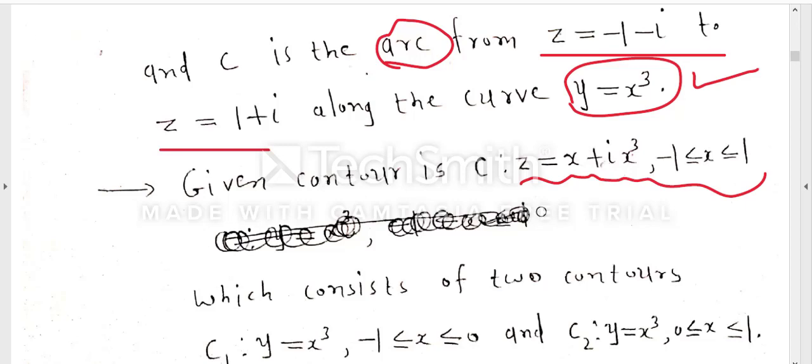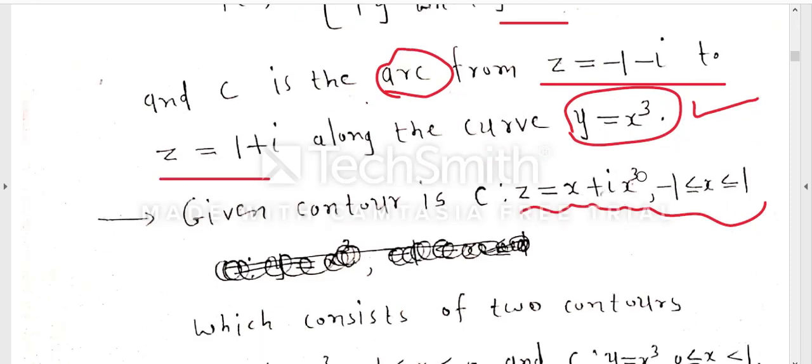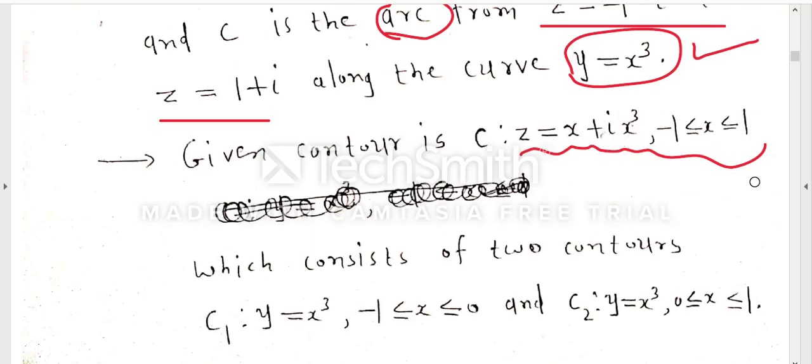This is the parametric representation of the given contour between x equal to -1 and 1. We are using x as a parameter. Instead of x you can use t also. If you take x equal to t, then it will be z equal to t plus i t cube, where t is from -1 to 1.